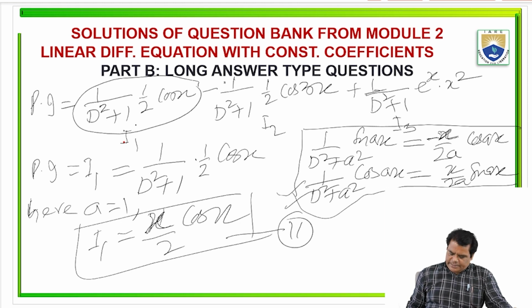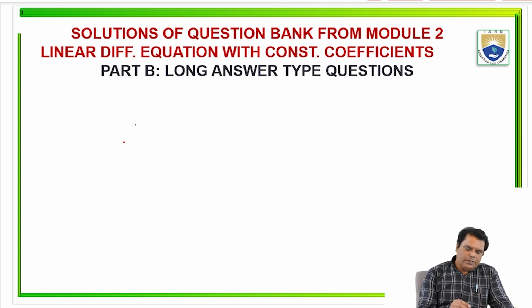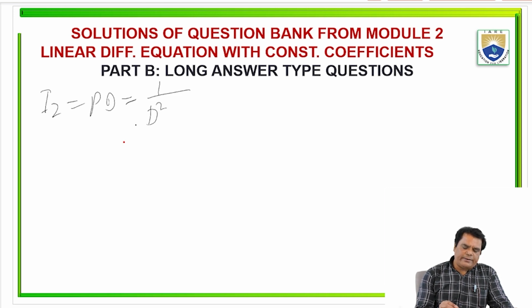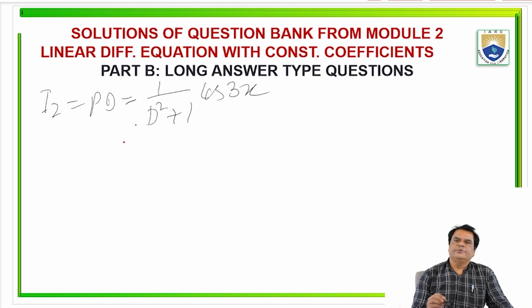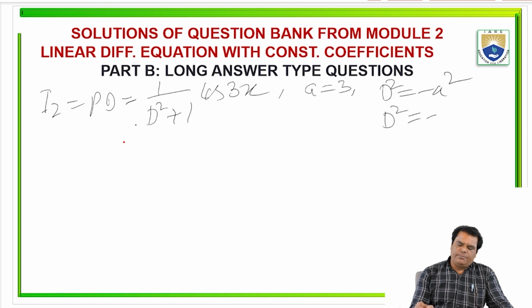Now the next result is I2. I2 is PI equal to 1 upon D square plus 1 into cos 3x. Here a is 3. So putting D square equal to minus a square, so D square equal to minus 3 square, which means minus 9.